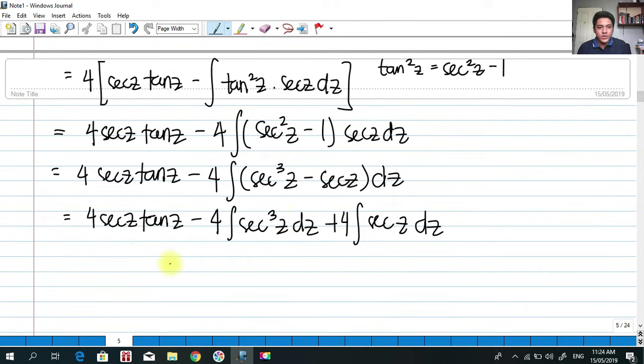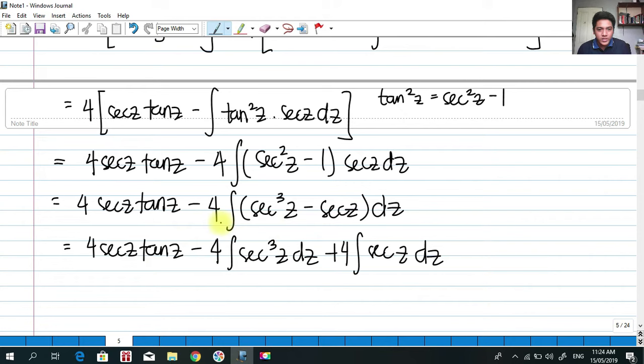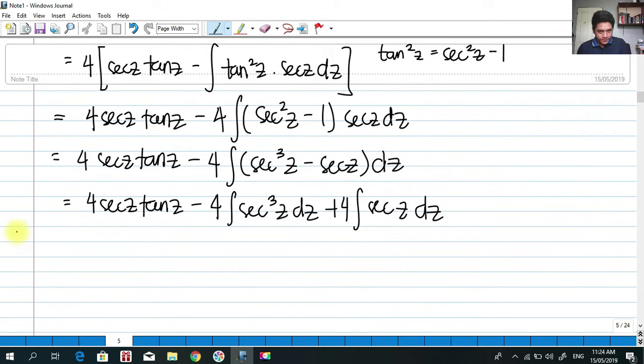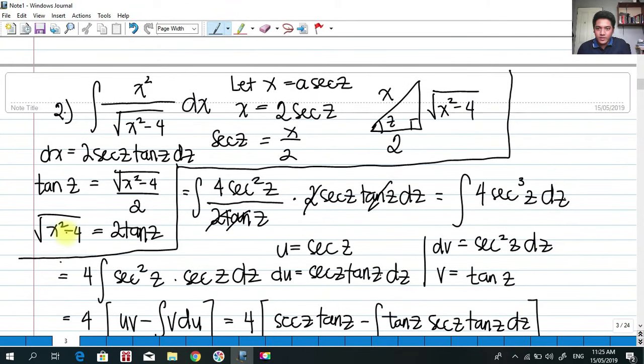So as you can see here, our integral yields this again, secant cube z dz, wherein, of course, we started with that. This is our original integral, and we return back to this. So basically, let's copy this side to end this integral.